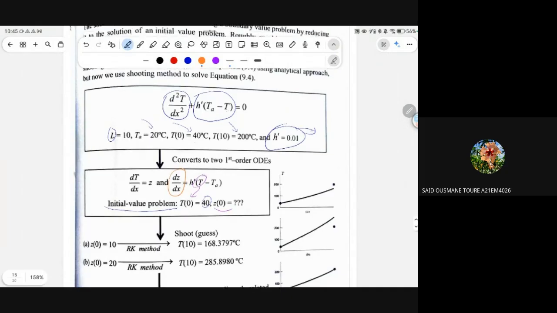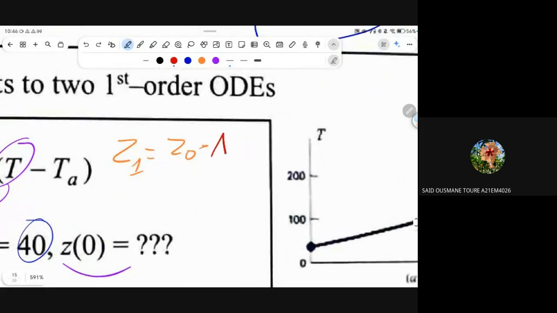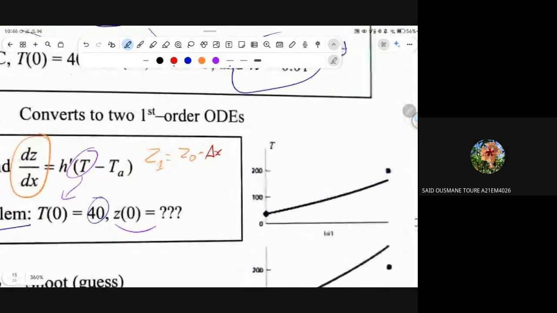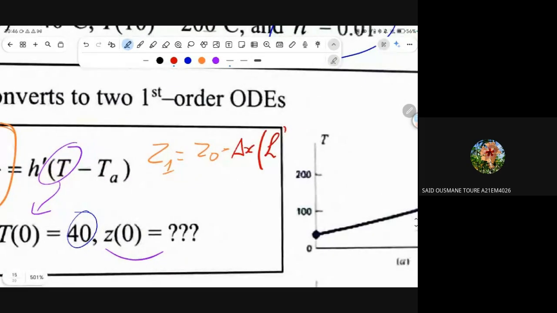What does the initial value problem say? It says that z1 equals z0 minus h. h here is the step size, so I will remove h here and put x times h, t minus ta.